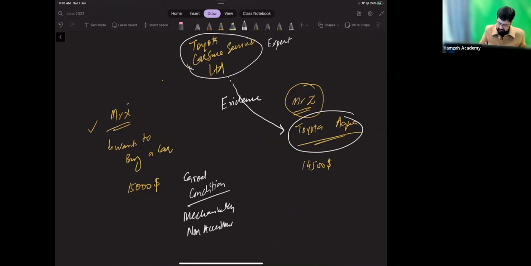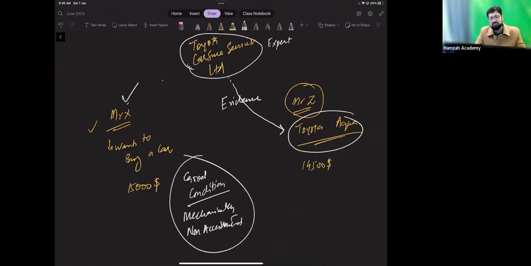This is what they want to be sure about. So Toyota Car Show checks this car, obtains evidence and reports to Mr. X. Mr. X pays a fee to Toyota Car Show. And based on this report, he is now confident to decide whether to purchase this car or not. Now the story is almost wound up.